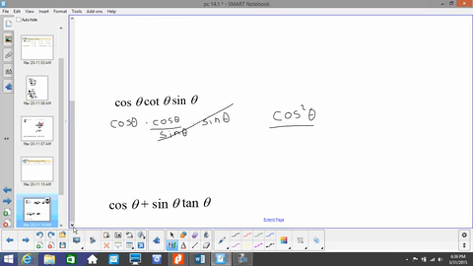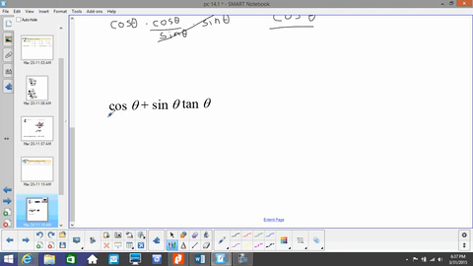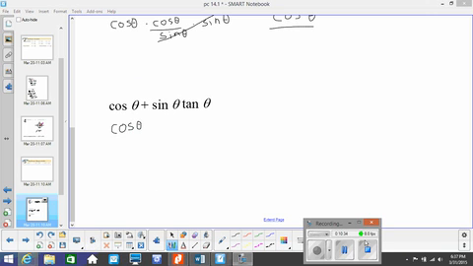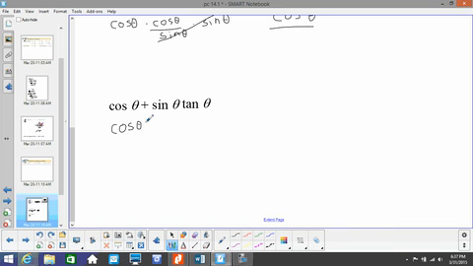Let's do another one. All right, I'm going to leave that cosine the way it is. And as I said, I always want to put things in terms of sine and cosine. So I'm going to leave that sine alone.